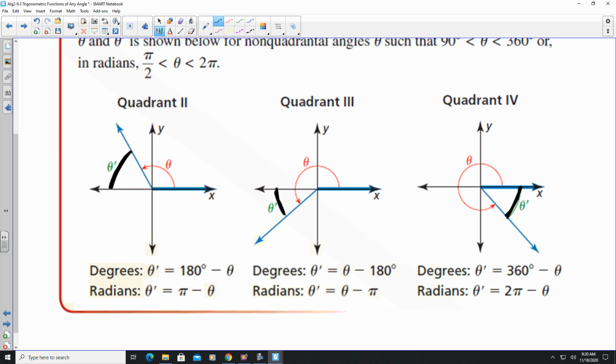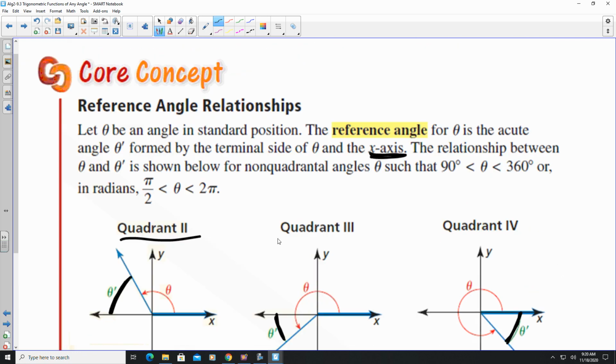So essentially, if you have it in degrees, for quadrant 2 it is simply going to be 180 subtracted by whatever angle you were given. Here in quadrant 3 it's going to be whatever angle you're given subtracted by 180. And then finally for quadrant 4, it's going to be 360 subtracted by whatever angle you're given. There is no reference angle in quadrant 1 because that's the same as your standard position angle.